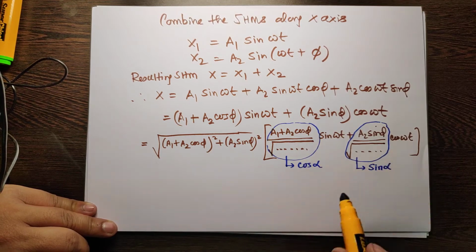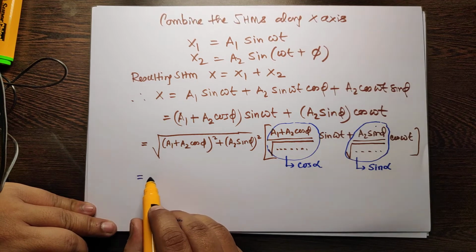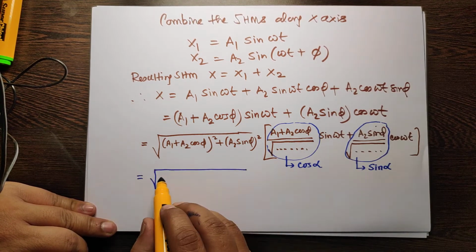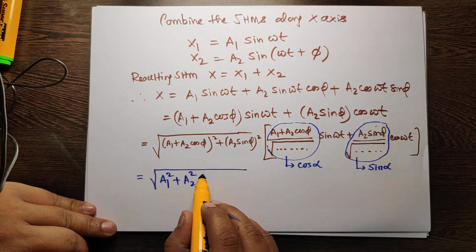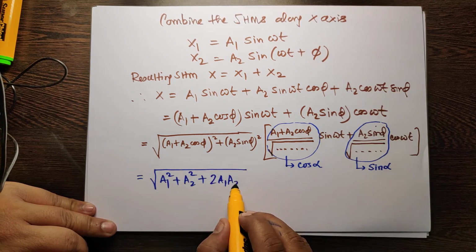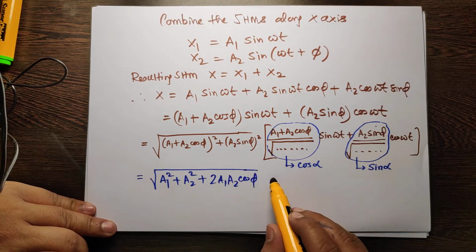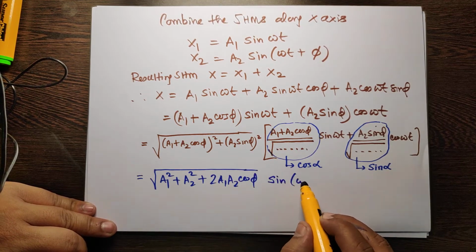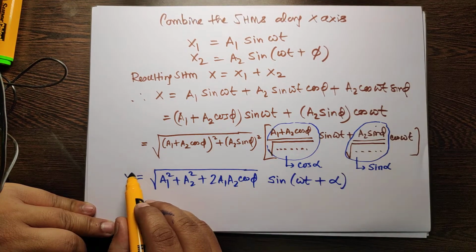If you square and add these two terms, you get 1. So again, if you simplify this, it comes out to be the square root of A1 square plus A2 square plus twice A1 A2 cos phi, multiplied by sine of omega t plus alpha. So this is the resultant SHM.